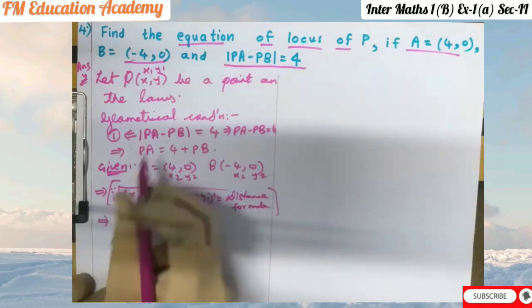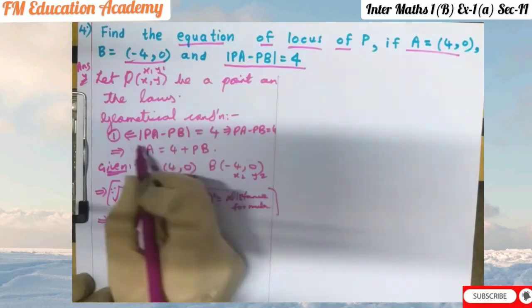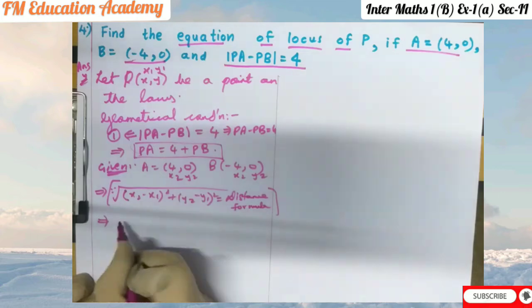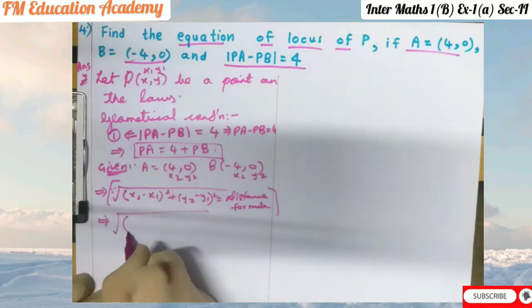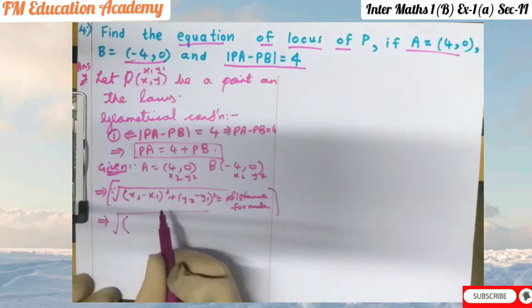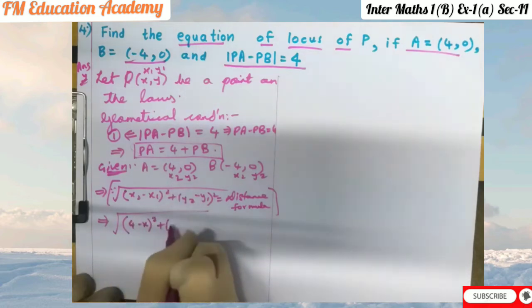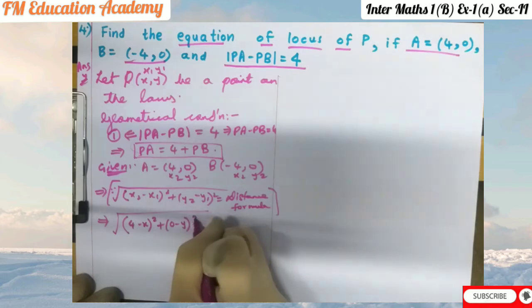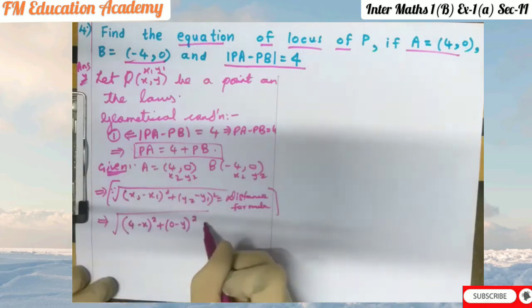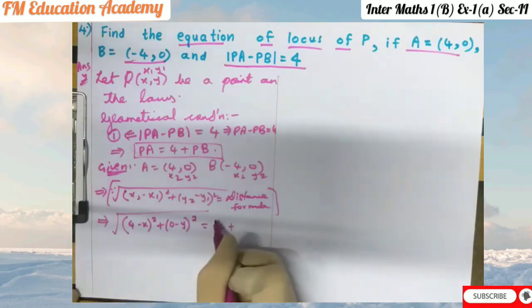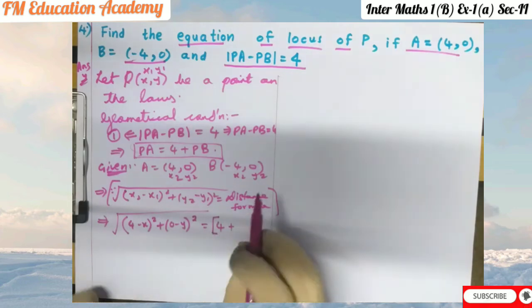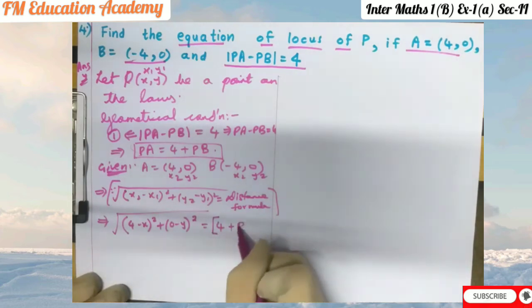Just substitute in this. PA is equal to 4 plus PB. PA is nothing but root of (4 minus x) whole square plus (0 minus y) whole square, equal to 4 plus PB. PB we will not open yet.